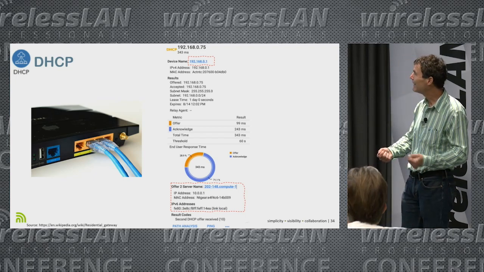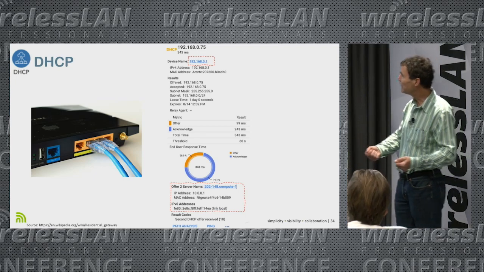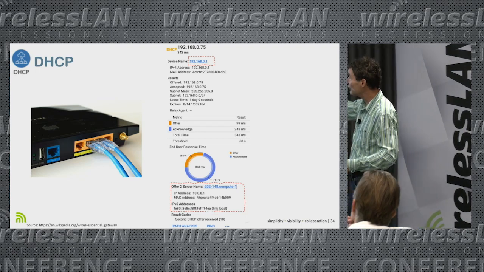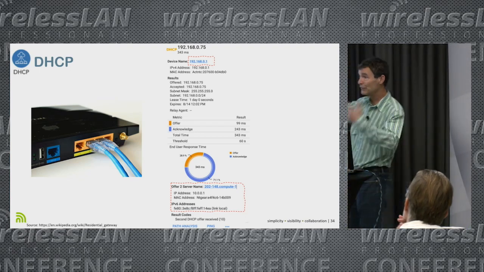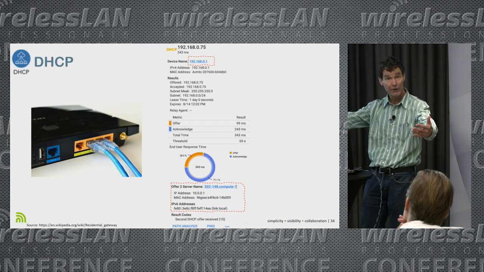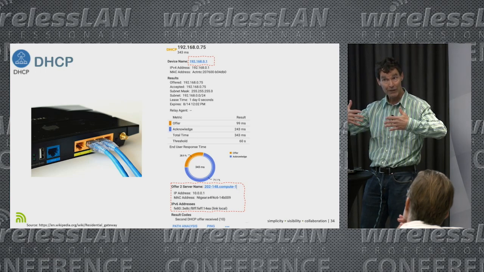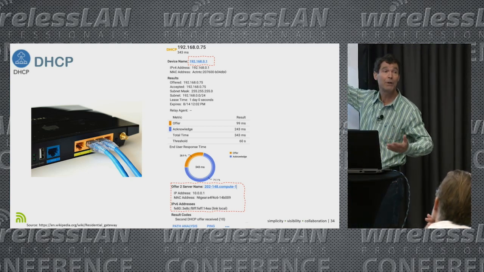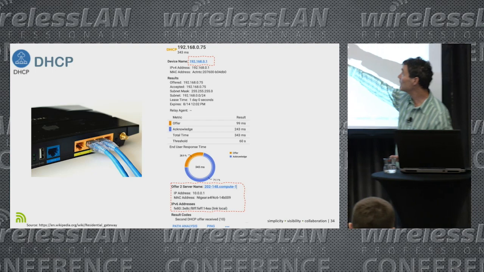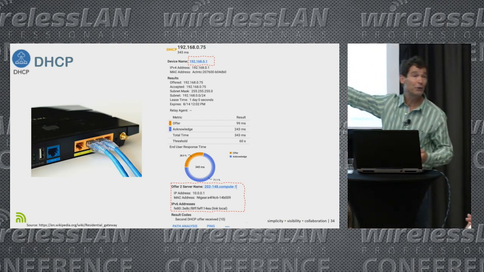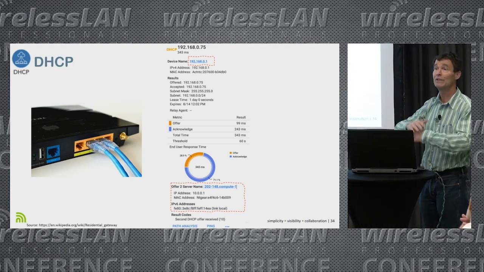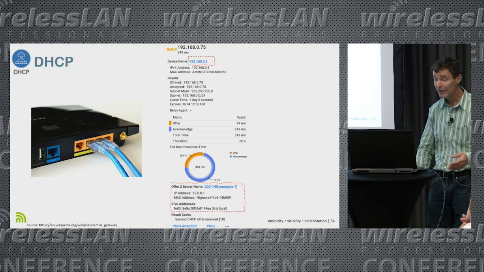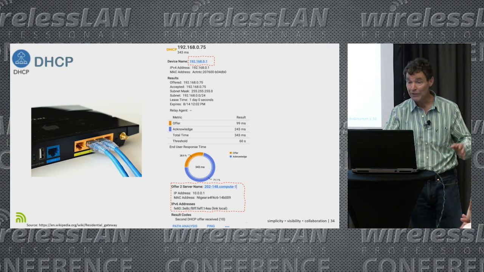One thing we've done to combat that is watching for a second offer. When we send out the discover, we watch for the second offer and show you that, and you'd even be able to do a path analysis to this first guy and figure out where he's plugged in. What employee plugged something in their cubicle they shouldn't have, that's now basically taken out the entire network. So that's a good thing to keep your eye out for.